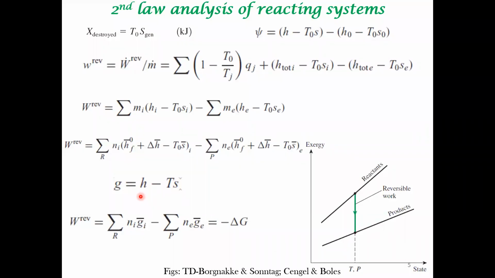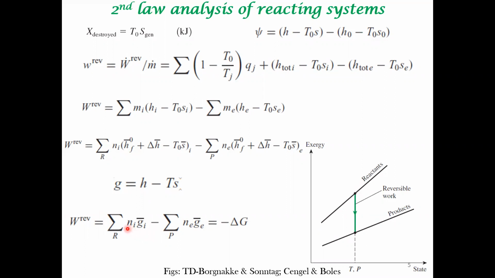So all I have is the maximum work that you can obtain from a chemically reacting system is because of the change in free energy. Let's say you can consider it on a per molar basis also.